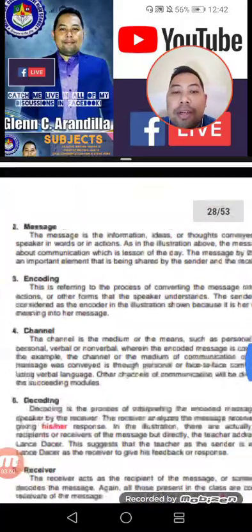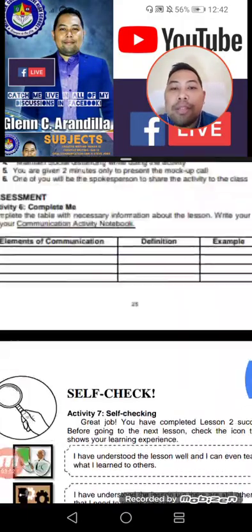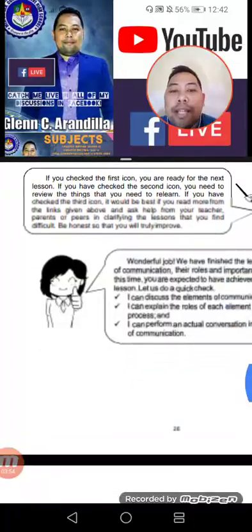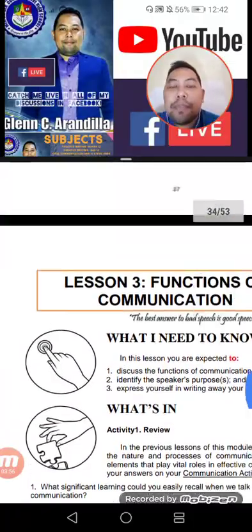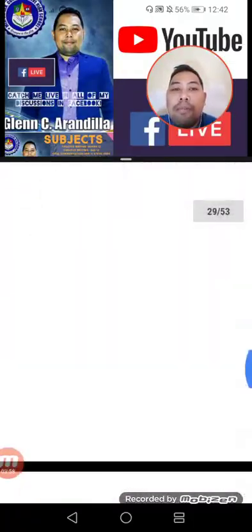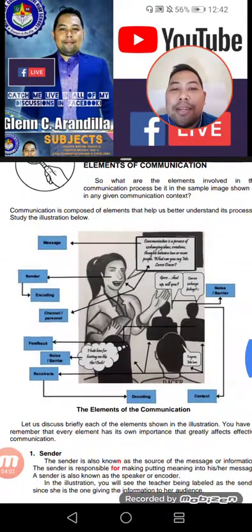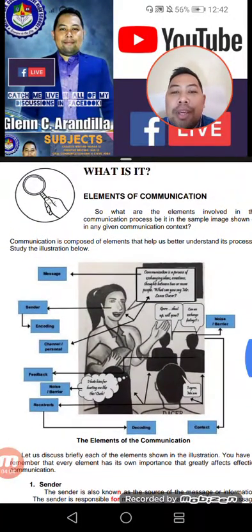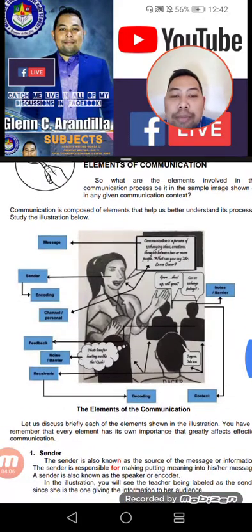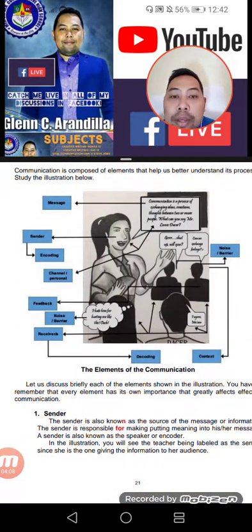Okay, so in the illustration below, there is this woman talking, and there are three people there.